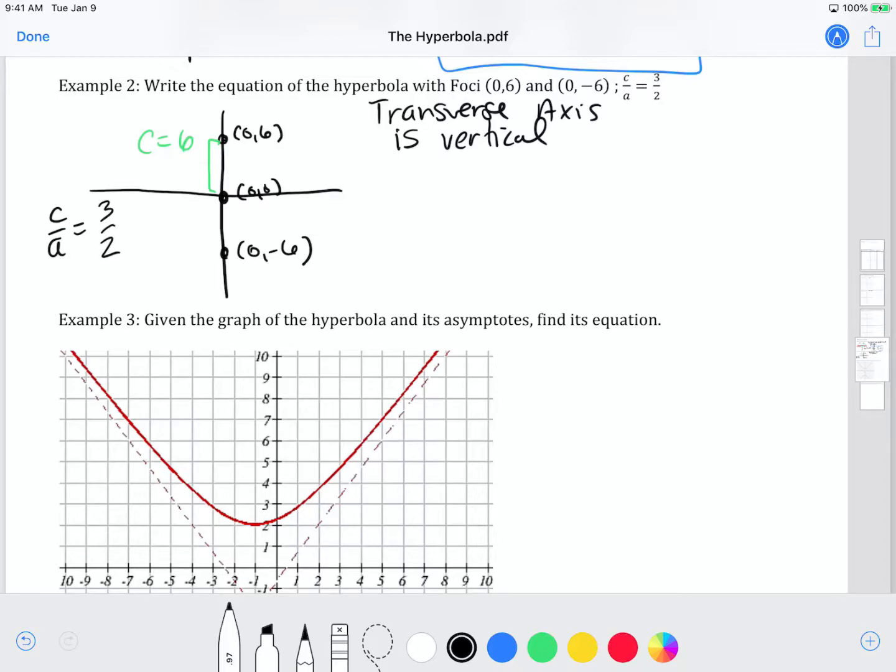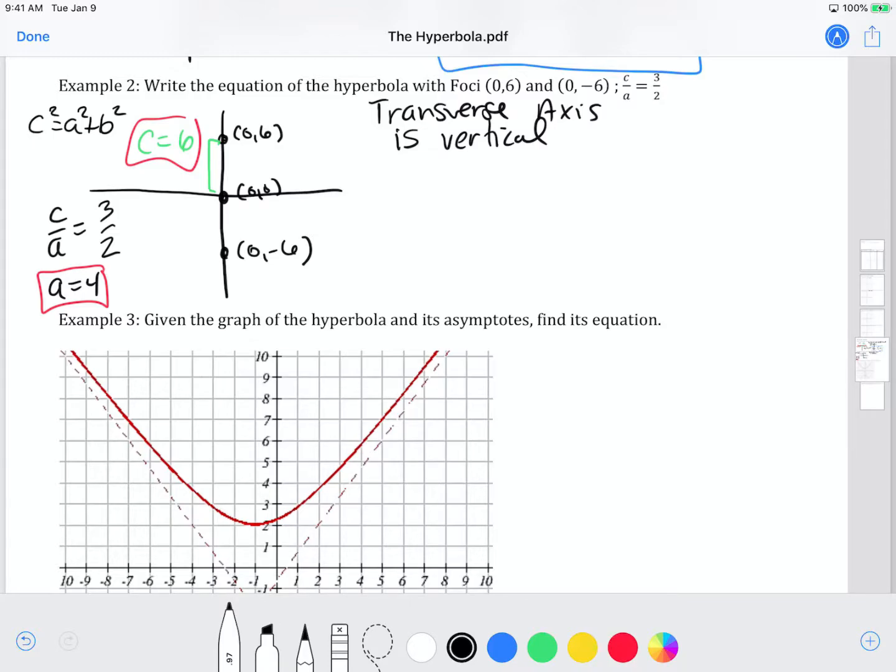Well, if c is 6, then a would have to be 4, because 6 over 4 would reduce to 3/2. So now I know that a is 4 and c is 6, and then I can use c squared is equal to a squared plus b squared to find my value of b.